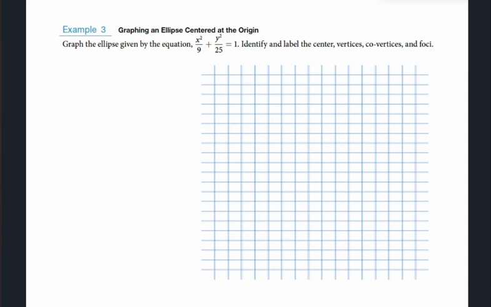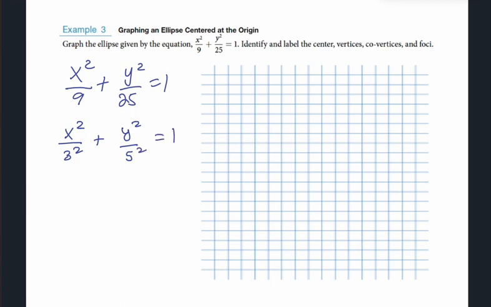So we have this equation, x squared over 9 plus y squared over 25 is equal to 1. Now I'm going to do a little rewrite here. I'm going to rewrite it as x squared over 3 squared plus y squared over 5 squared equals 1.